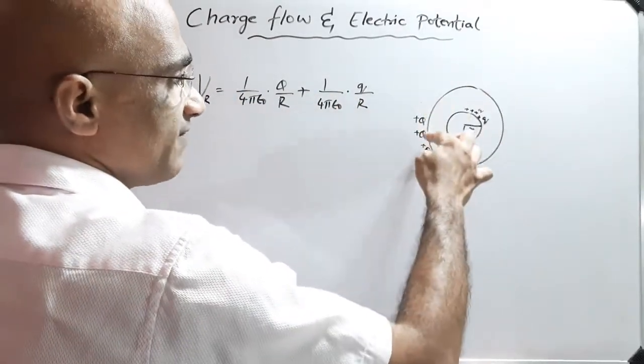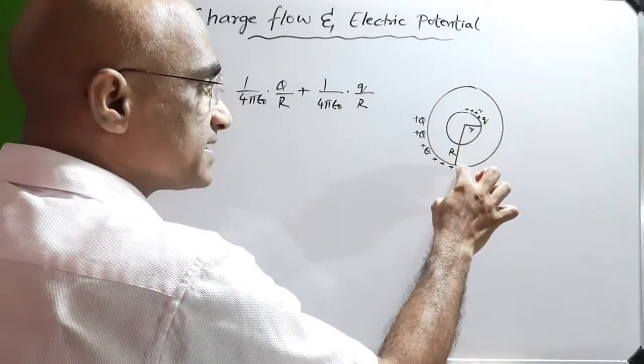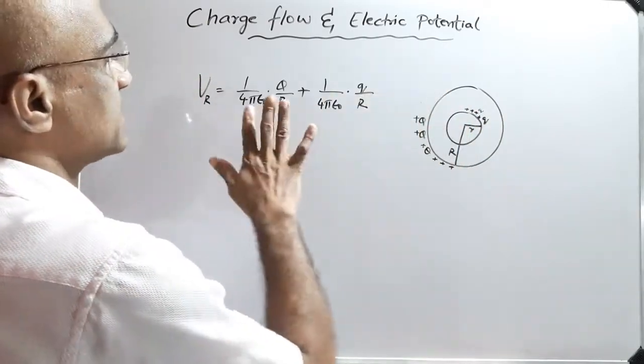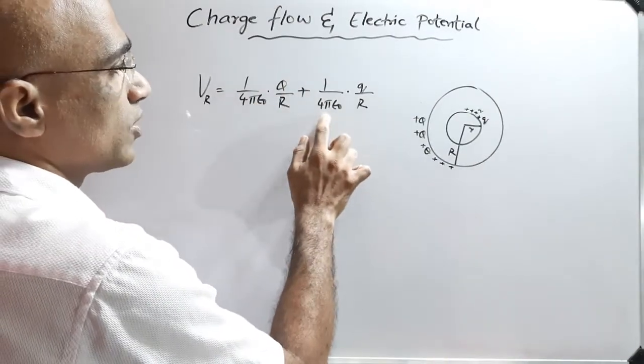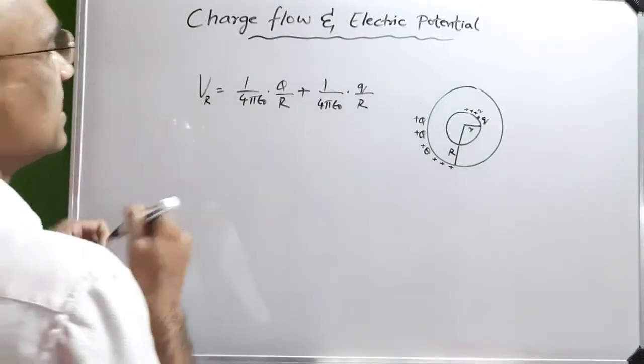For example, if I'm talking about this sphere, the potential right from the surface to the midpoint will be the same at all points inside the space. So we have 1 by 4 pi epsilon naught into capital Q by capital R plus 1 by 4 pi epsilon naught into small q by again capital R, because capital R is the radius of the external sphere.